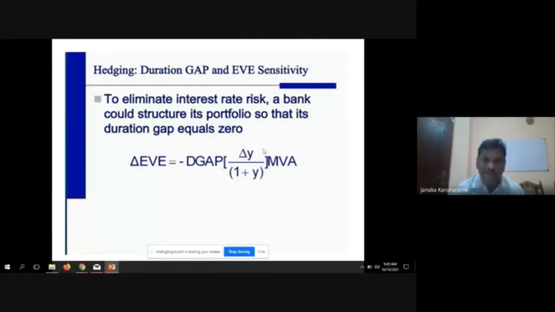times the market value of assets. Here y stands for yield. So this is the same formula we looked at when we looked at the duration, but here we need to use it for the hedging purpose, right?